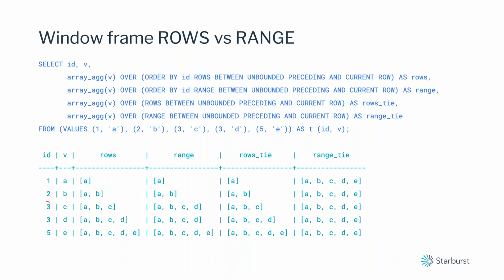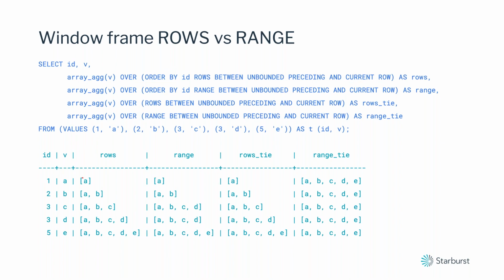It's important that there's a duplicate here, two 3s, and then A, B, C, D, and E as our value. Our function is going to take all the values, A, B, C, D, and E, and put them into an array. This will let us see what values are in the window frame. We order by the number, and remember, we're going to get a tie here, and we'll say rows between unbounded preceding and current row.